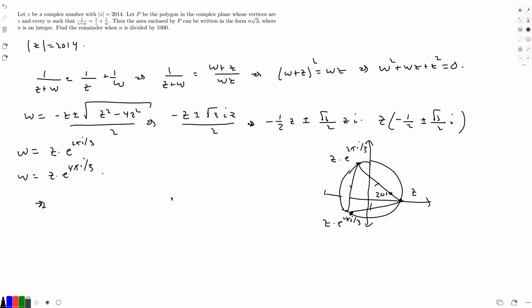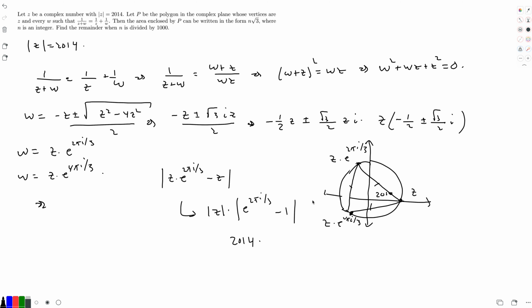Okay, so now let's just calculate a side length, right? So the side length will be z times e to the 2 pi i over 3 minus z. And then using basic argument properties, which I'll let you prove, this is just modulus of z times modulus of e to the 2 pi i over 3 minus 1. Great. So modulus of z is 2014. What's the modulus of this?